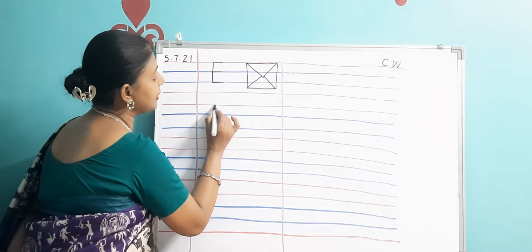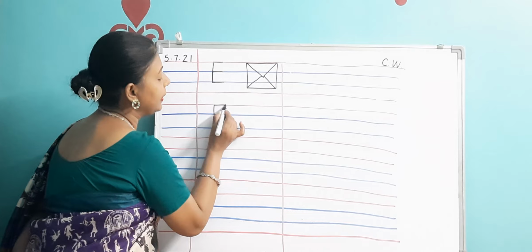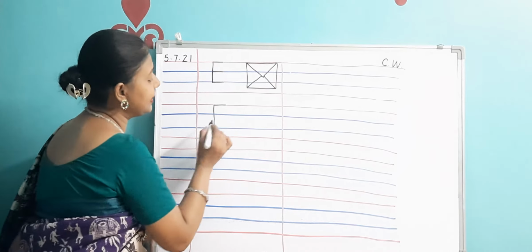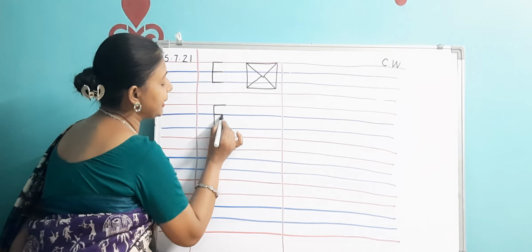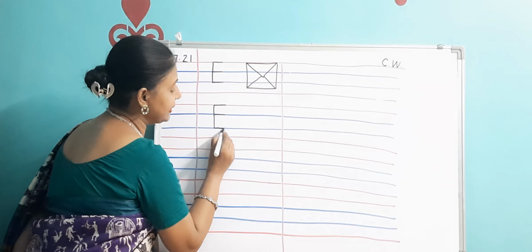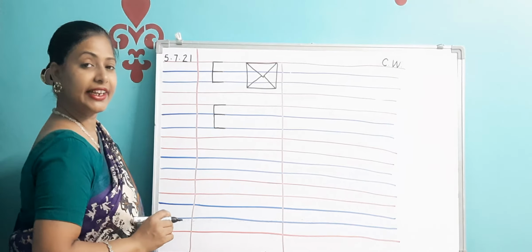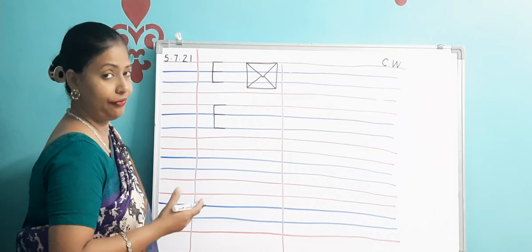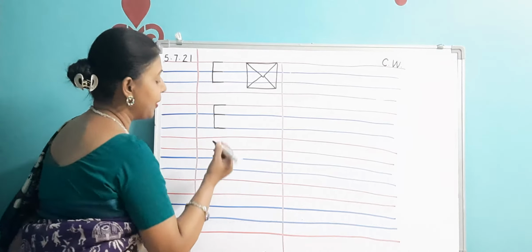Go back to the first line, draw a sleeping line like this, then again come back to the second line, draw a sleeping line like this, and 3rd line, sleeping line. This is E for elephant, E for egg, E for envelope.